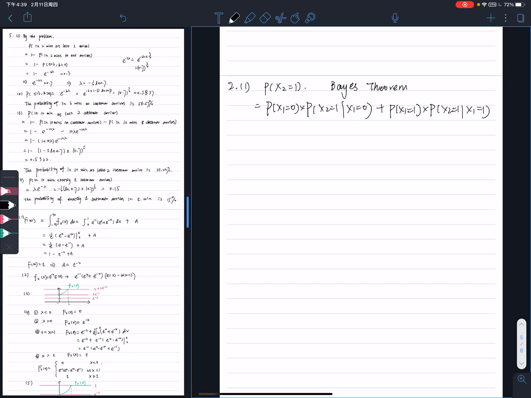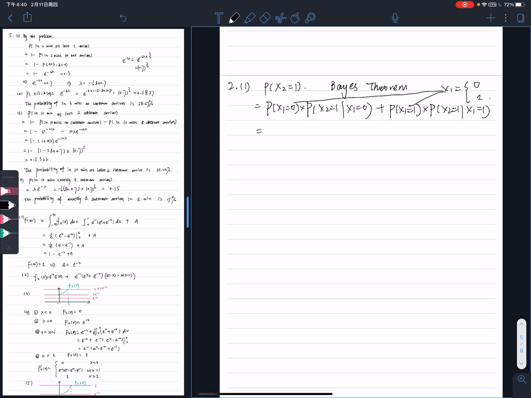Because event x1 only has two cases, one case equals 0 and one case equals 1, from the Bayes theorem we can construct this formula.